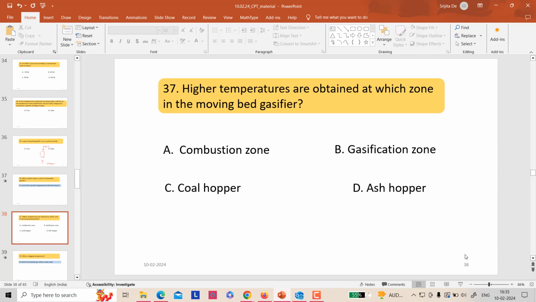Next, higher temperatures are obtained at which zone of the moving bed gasifier?